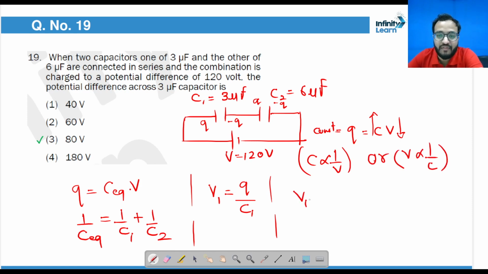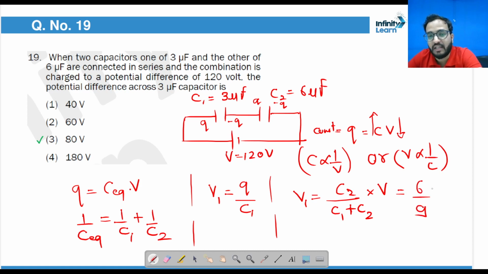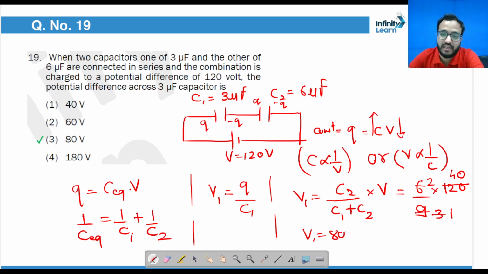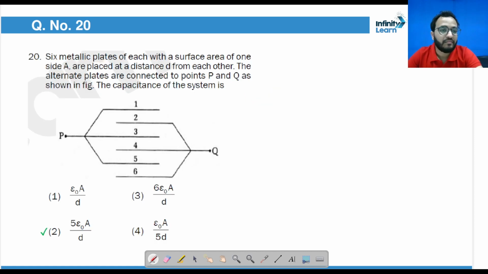So we can say V1 is equal to C2 upon C1 plus C2 into the total potential drop. So C2 is 6, upon 9, into 120. 3 2s are 6, 3 3s are 9, 3 40s are 120. So V1 is 80 volts. Got it? Either you can go like this.